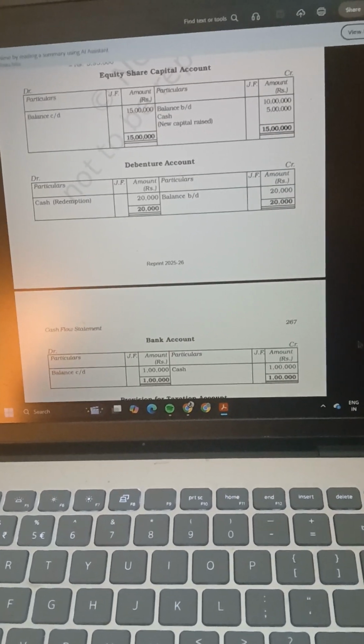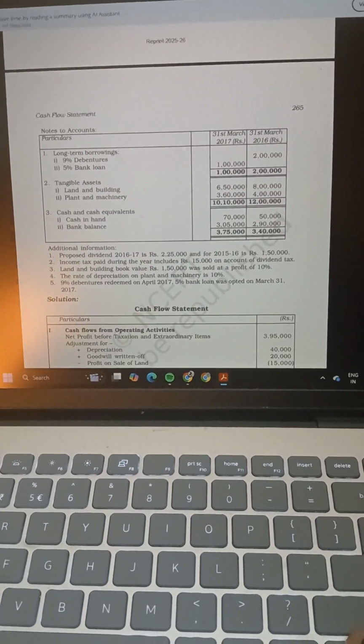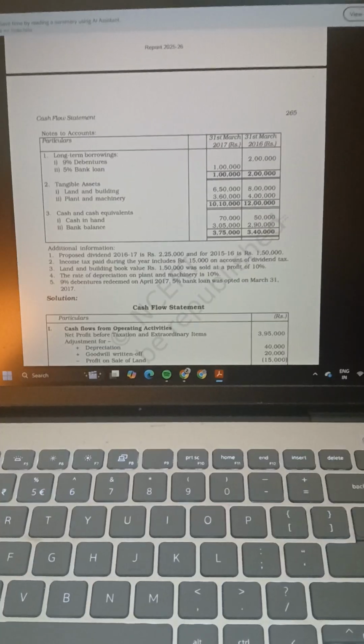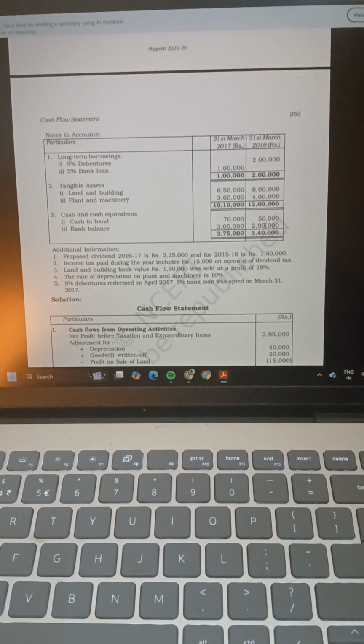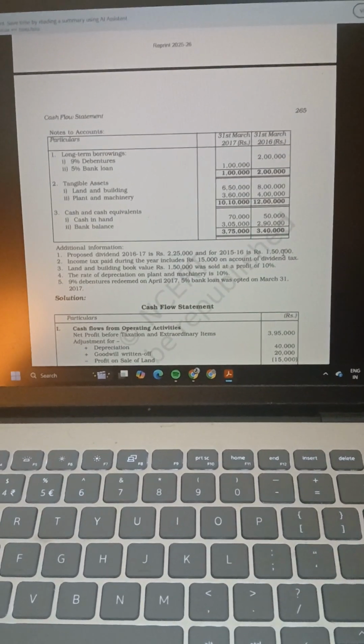Then move on to the preparation of bank account. The amount in the bank we can look into. Here it is, the previous year balance and this year's balance.